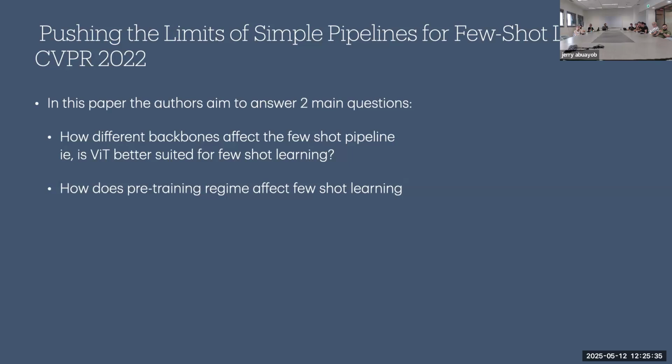So this paper posed two main questions. How do different backbones affect the few-shot learning pipeline that we just defined? In other words, are vision transformers better suited for few-shot learning? And if so, how does the pre-training regime affect the few-shot learning pipeline as well?